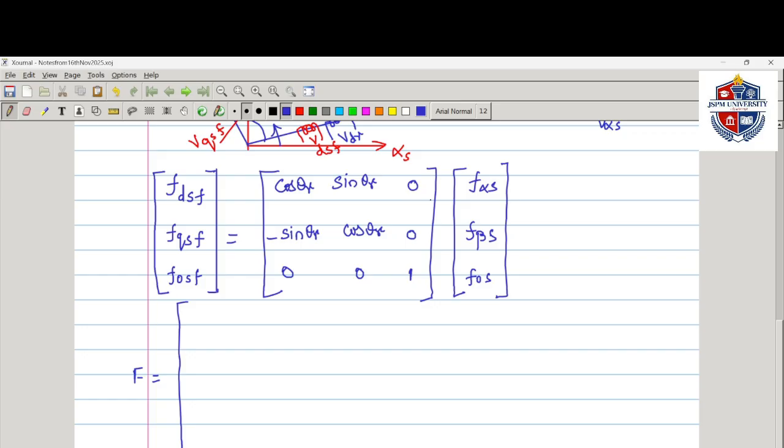In this F matrix, the first rows are the stator variables we are changing. So this is cos theta R, sin theta R and 0, then minus sin theta R, cos theta R and 0, then 0, 0, 1.